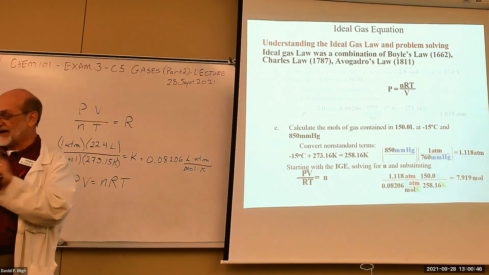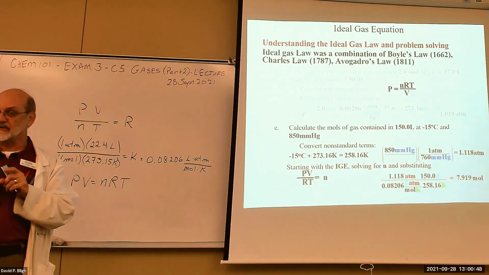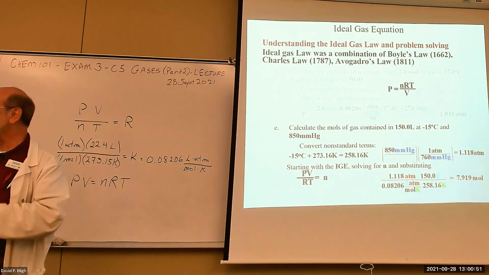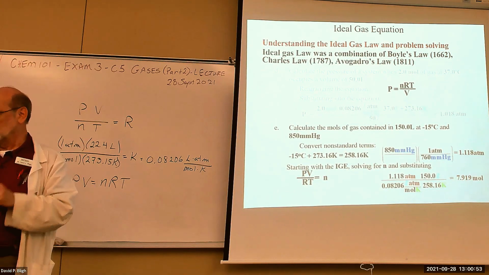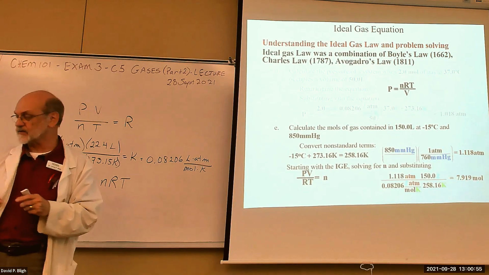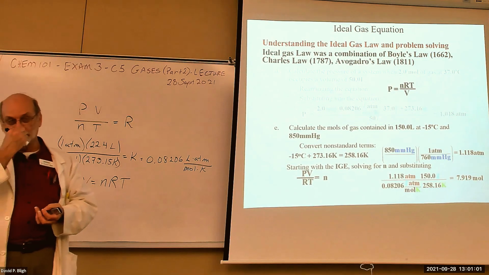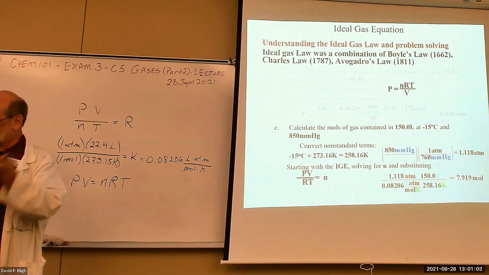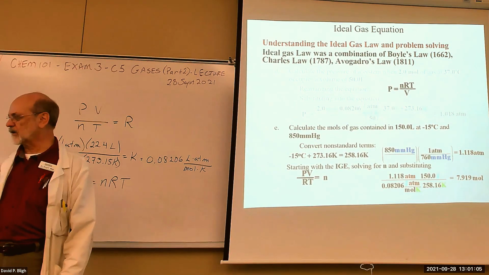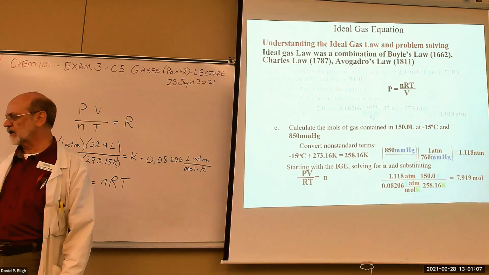And while we're at it, we're going to find out what the mass of that gas is inside the container. Mass, moles. We're going to be able to calculate the molar mass of a compound. It has to be a volatile compound. We're going to do it at the boiling point of water, roughly. It's called the Dumas method.